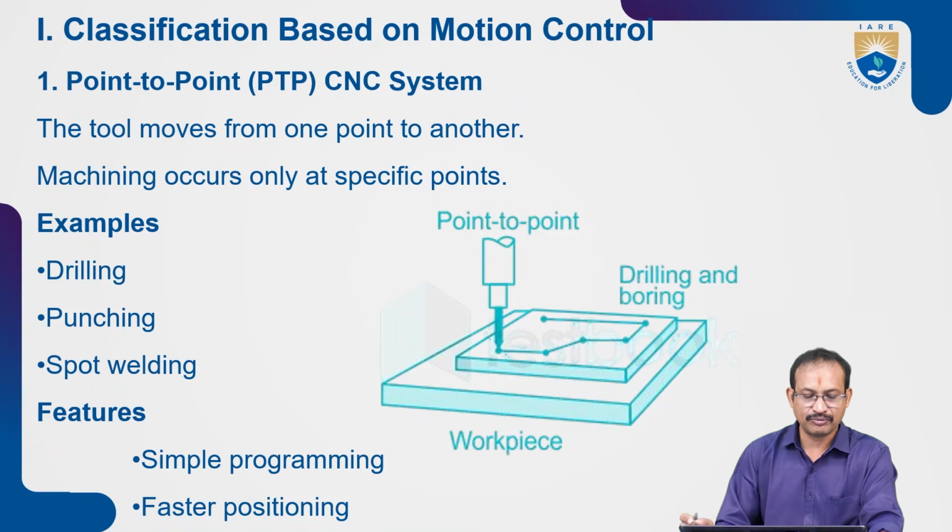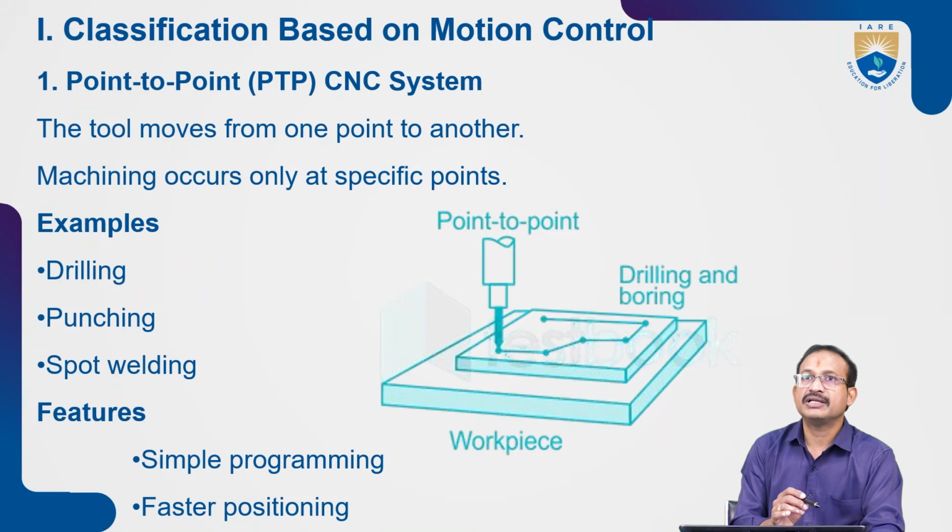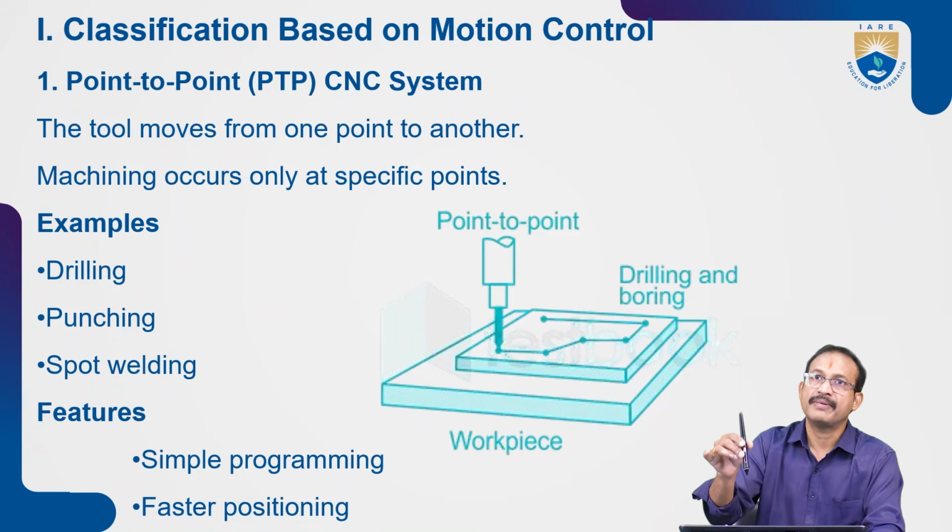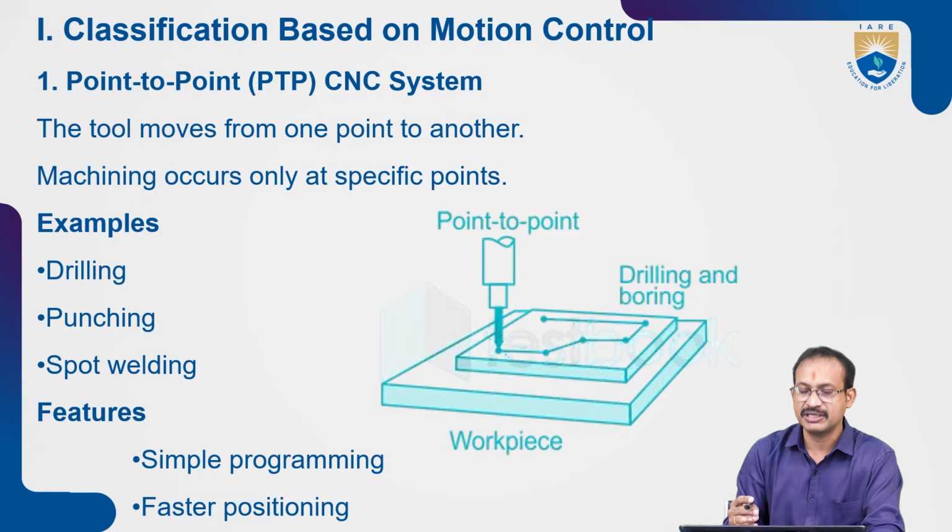Features: simple programming, faster positioning. The tool need not travel in a linear or curved path; it makes a hole at one point, moves up, and makes another hole elsewhere on the workpiece. That is called point to point.